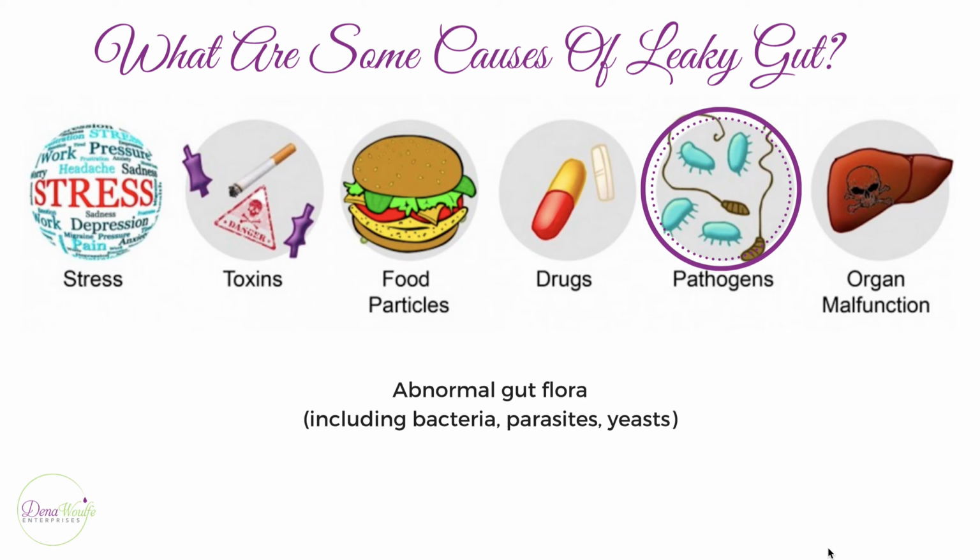There is a whole slew of things that have to happen in there, and we really need to make sure that we have a nice representation of good bacteria in there, as well as some bad, which is fine because that's what the good needs to eat. So we definitely want to make sure we're not having way too much overgrowth of bacteria, parasites, or yeasts in the gut. Yeasts are things like candida. If you've heard that term before, that is a yeast, and that is something we definitely don't want in overabundance.